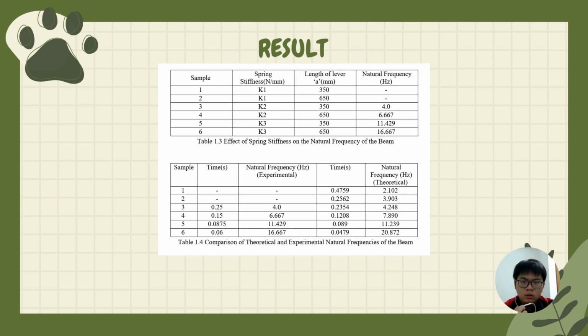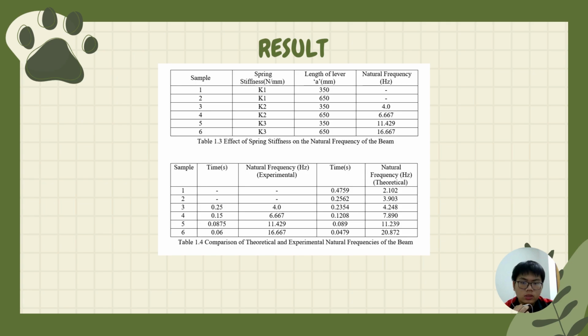Okay, so I will continue talking about the next two tables with the results. The first table is related to the effect of spring thickness on the natural frequency of the beam. We have six samples with different lengths of level from 350 mm to 650 mm.